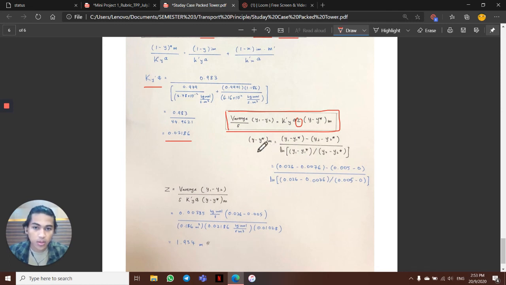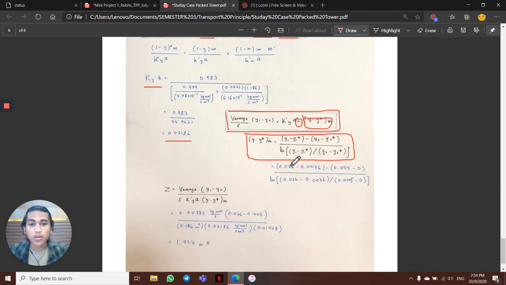But before that, I'm sorry, I just missed this just now. Y minus y star in bracket m. So this is the formula in the appendix also. We must find this formula first before inserting into the actual formula to find the z.